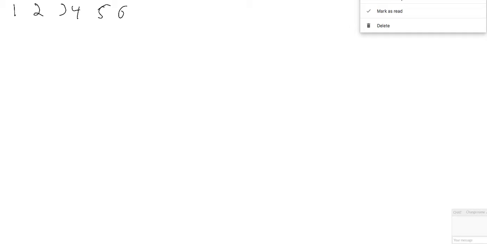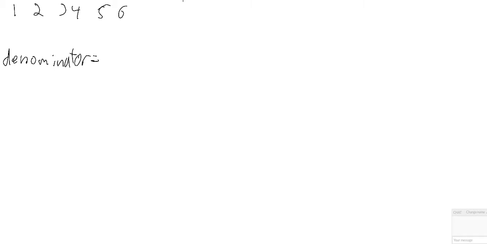How many different ways can I order them? You can order them 720 ways. Yeah. Okay, because 6 factorial is 720. So there's 720 different ways we could order these 6 students.